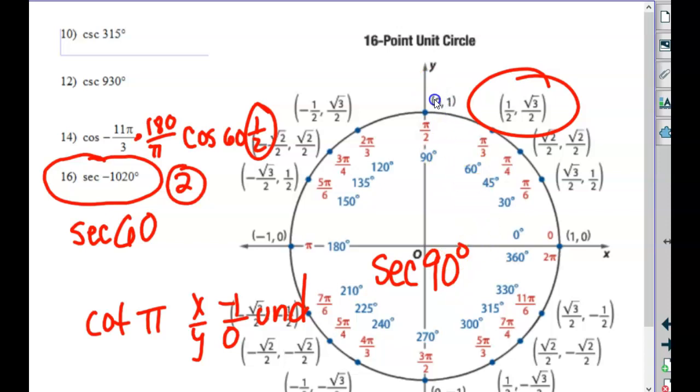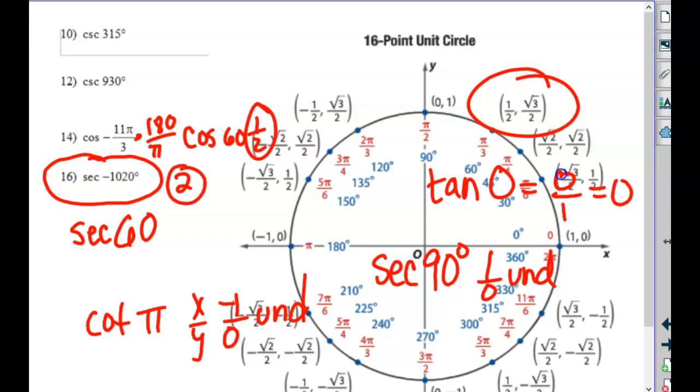The cosine is 0, so what's the reciprocal of 0? Undefined. Still? We good? What about the tangent at 0 radians? Yes. Okay, got those quadrantals now?